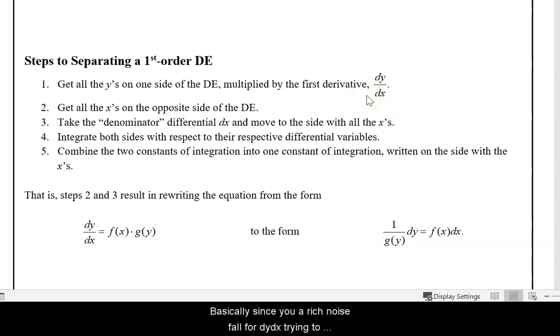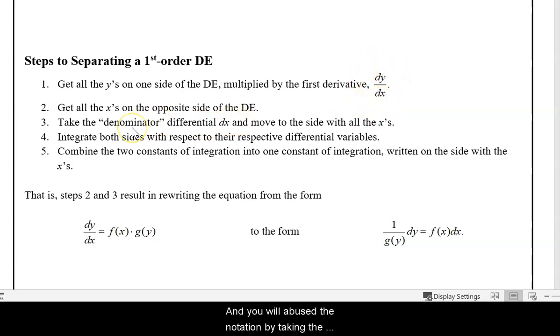Since you originally solved for dy dx, trying to find the equilibrium solutions, after doing that you will divide both sides by whatever that function of y was. That will leave all of your x's on the opposite side of the differential equation from the first derivative dy dx.